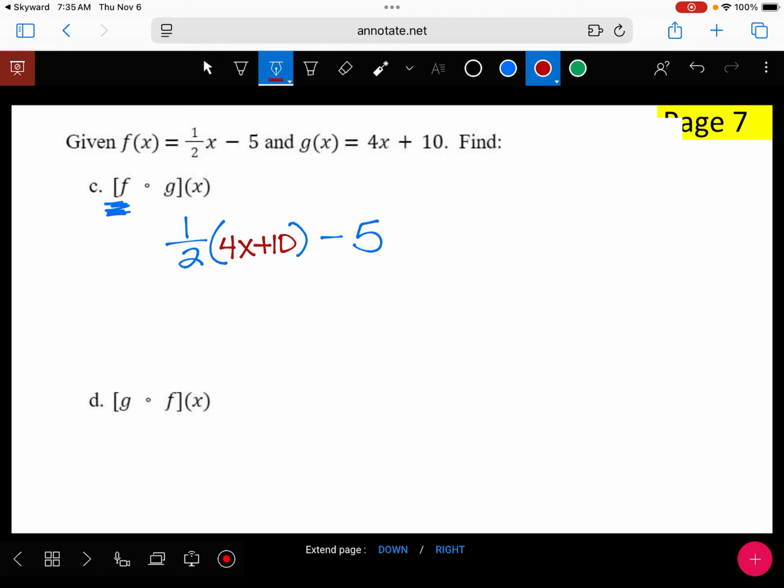So half of a number is kind of easy to find. What's half of 4? 2. So this is going to become a 2x. And then what would be half of 10? 5. So then that would be a positive 5.